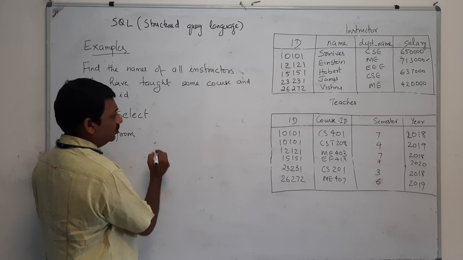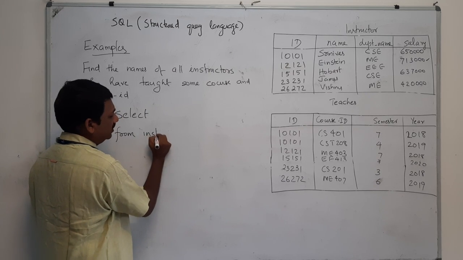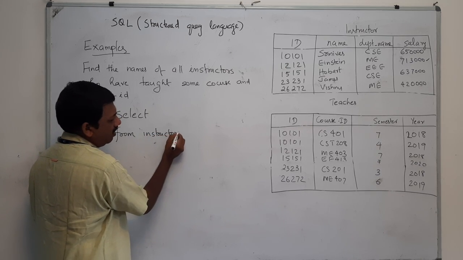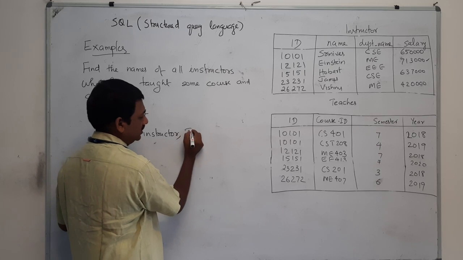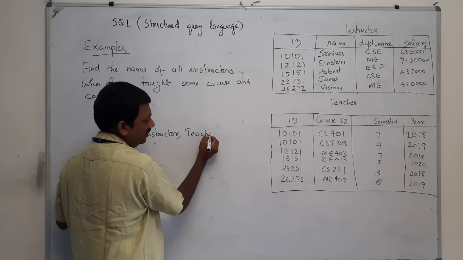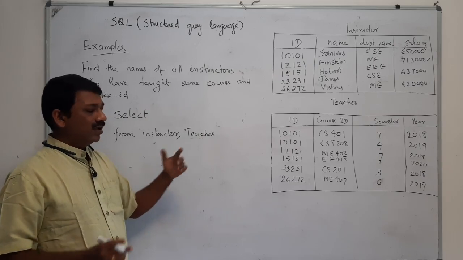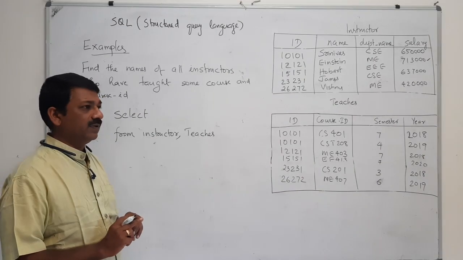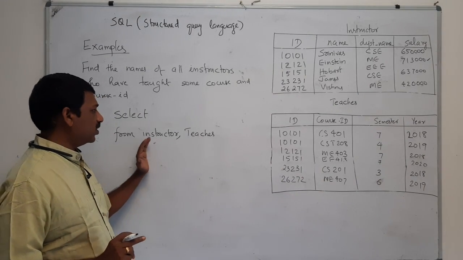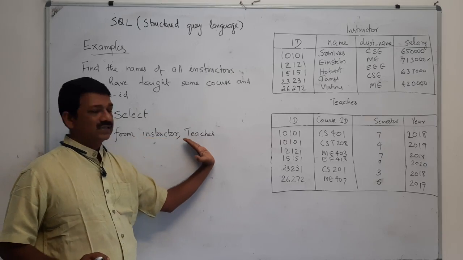For that you have to have from the instructor table and which table? Teachers. Then definitely the instructor table and the teachers table will be cross multiplied, or the cross product of instructor and teachers is taken.